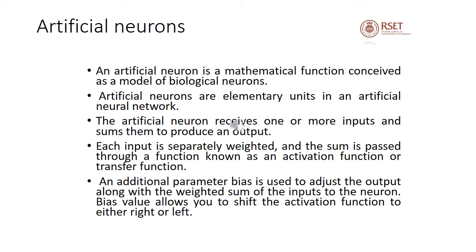Each input is separately weighted and the sum is passed to a function known as an activation function or transfer function. An additional parameter, bias, is used to adjust the output along with the weighted sum of the inputs to the neuron. Bias values allow you to shift the activation function to either right or left. So bias can be positive as well as negative.